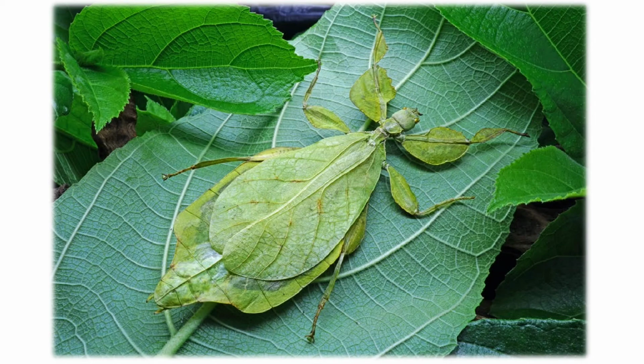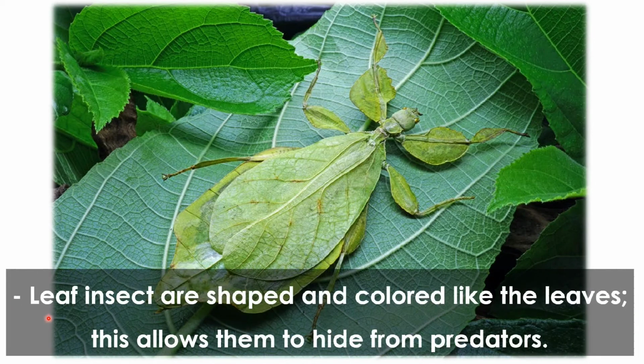Next, we have this insect. Are you familiar with this? This is what we call the leaf insect. This insect is shaped and colored like leaves. This allows them to hide from their predators. It also helps them get close to their prey without being seen. That's why animals adapt to their environment, to live, to survive, and to eat.